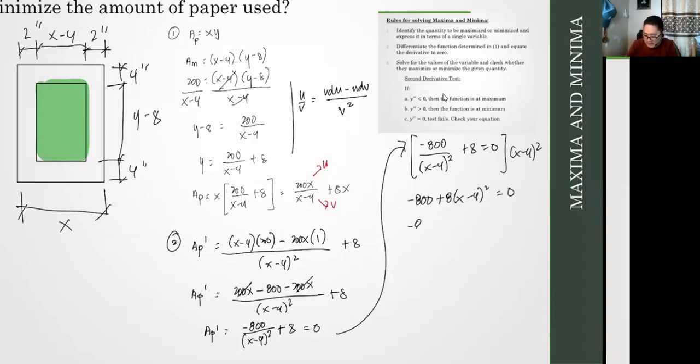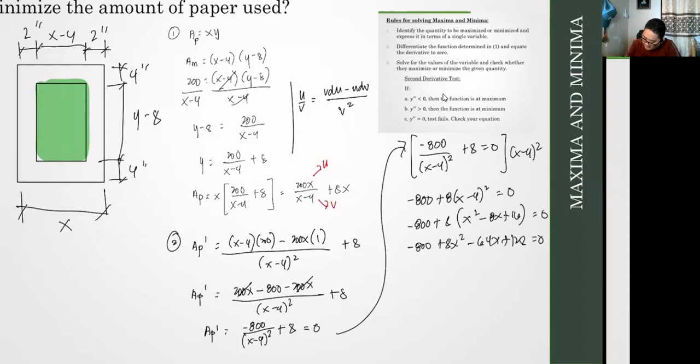So, negative 800 plus 8, x minus 4 squared is equals to 0. So, x squared minus 8x plus 16 is equals to 0. Simplify. Plus 8x squared minus 64x plus what is 16 times 8? 128 is equals to 0.